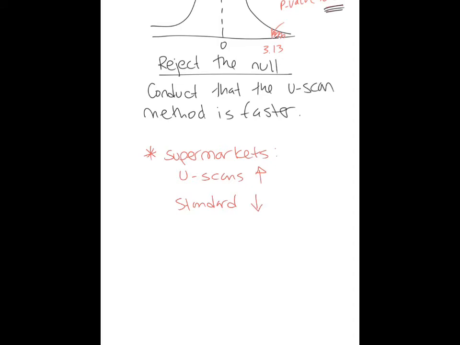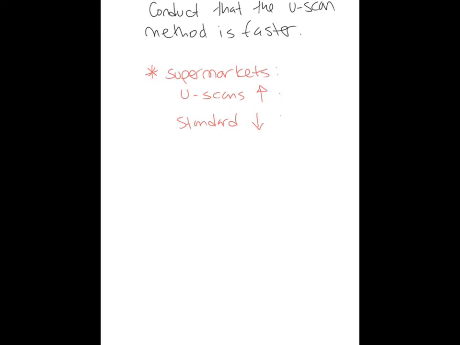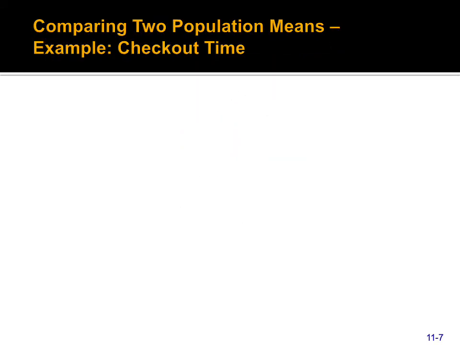The question may be yes or no, and there's pros and cons to each of these, but this hypothesis test of checking out these two different populations basically gives us a scientific way to figure out what the supermarket should do. So remember what we call this section of our course, and that is effectively decision making using data, right? So this helps us enforce the idea of decision making using data.